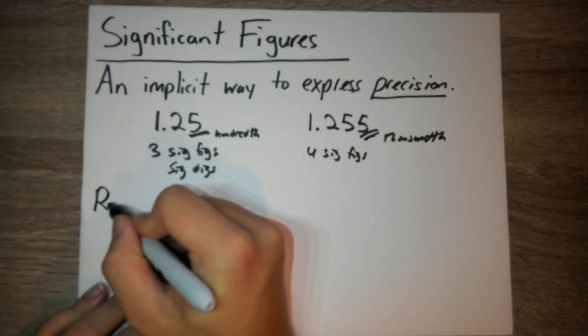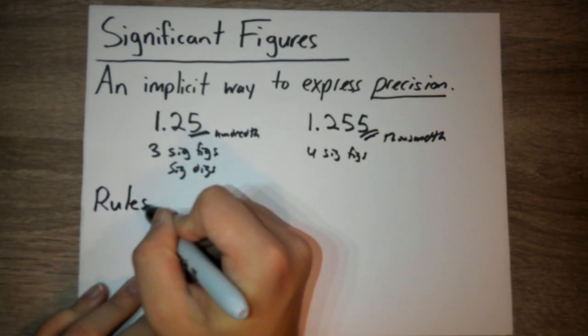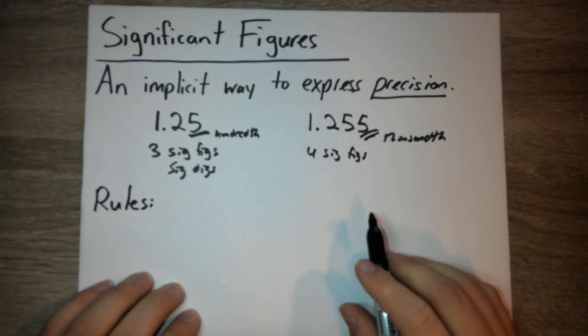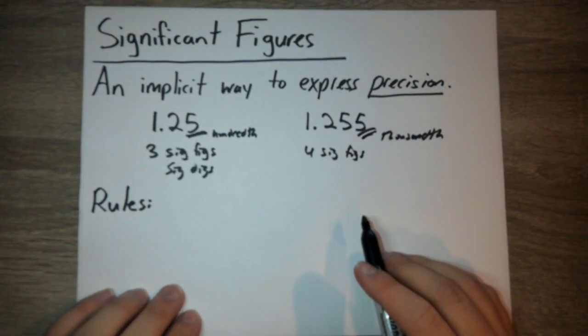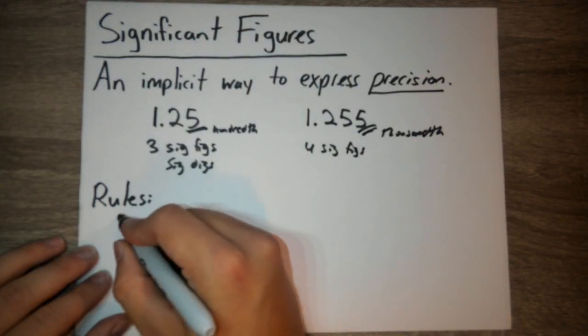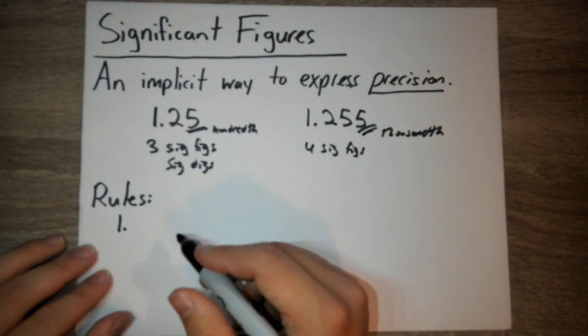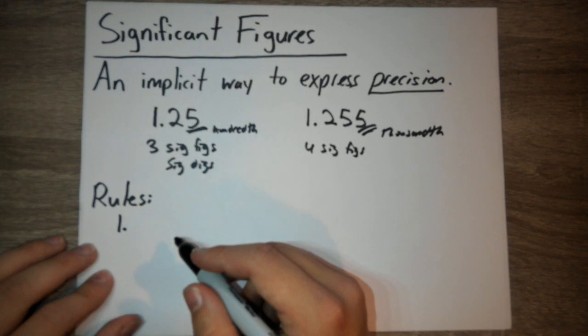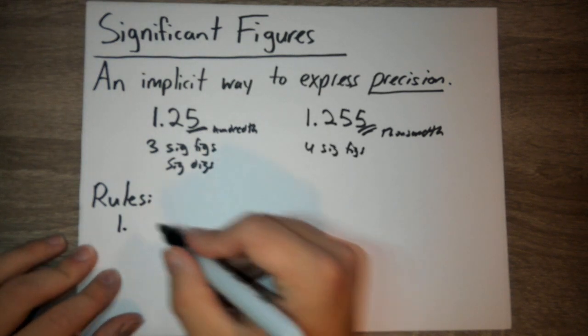So that's what significant figures is: it's the number of digits in a number that tells us about the precision of our measurement. But there are rules for what makes a value significant. And so I'm going to go through those rules right now.